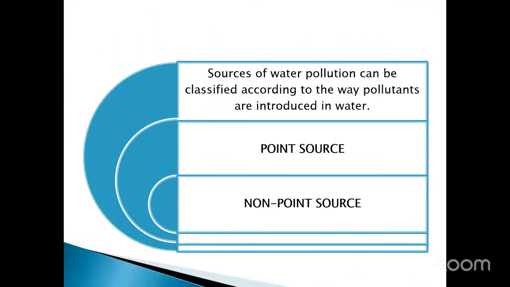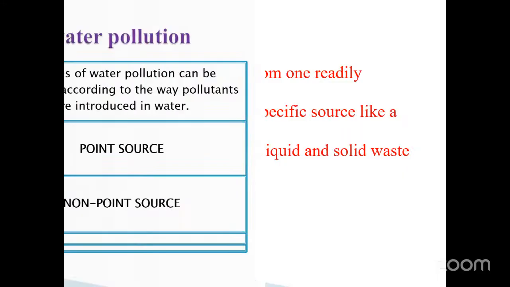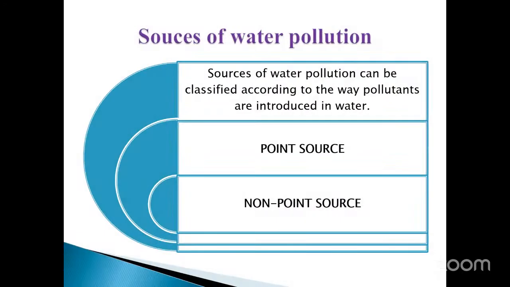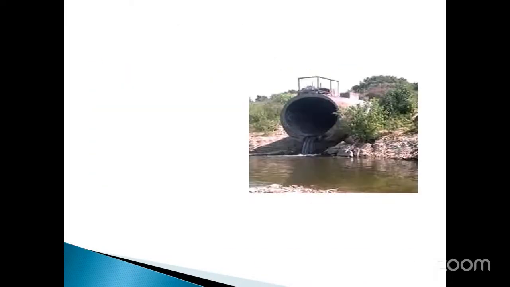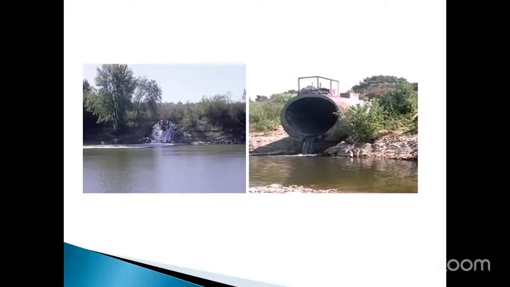So the water pollution sources are classified into two types, point and non-point source of water pollution. It is classified according to the way pollutants are introduced into water. If the pollutants are directly released from an identifiable source, it is called the point source, that is, discharged from a specific pipe.